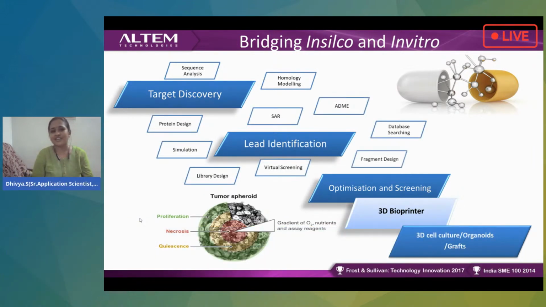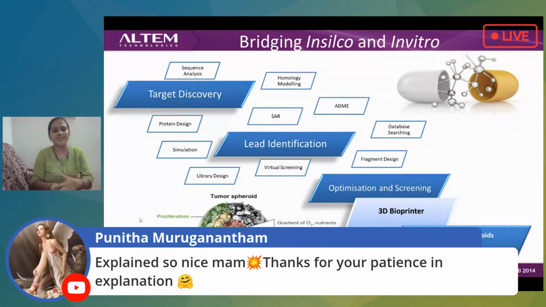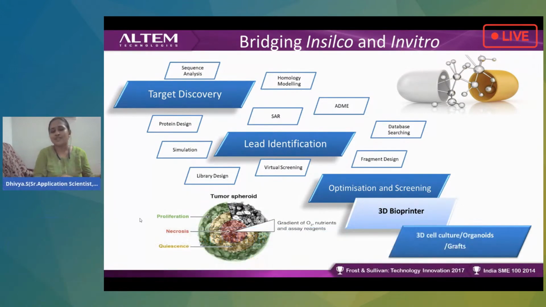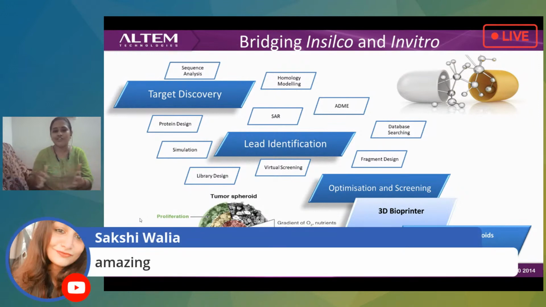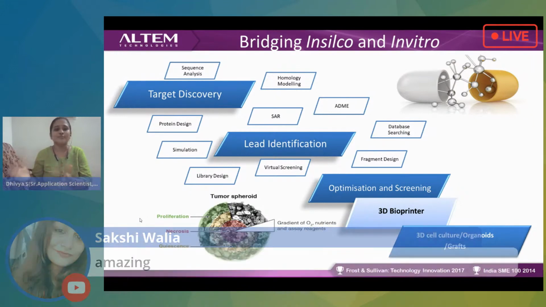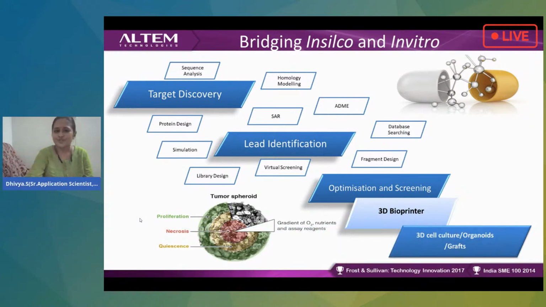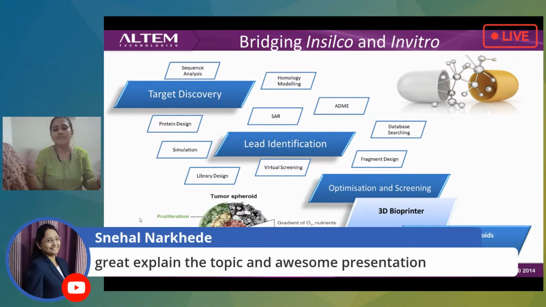In target discovery, we go right from a sequence towards a structure, towards site identification, and then moving to 3D printing models. So bridging of technology is very important by introducing convergence of various different fields.